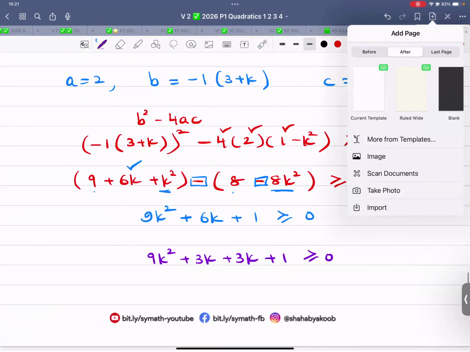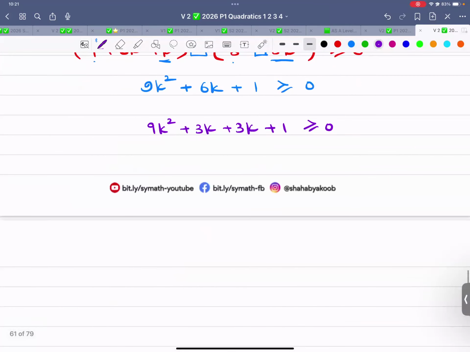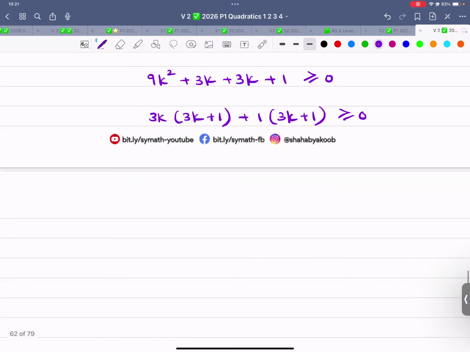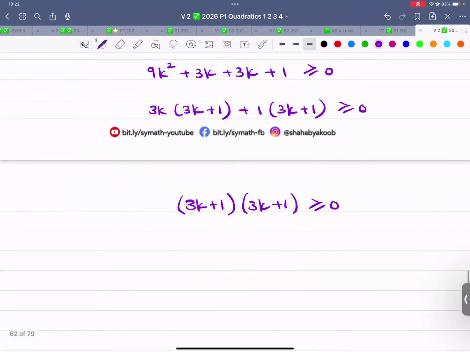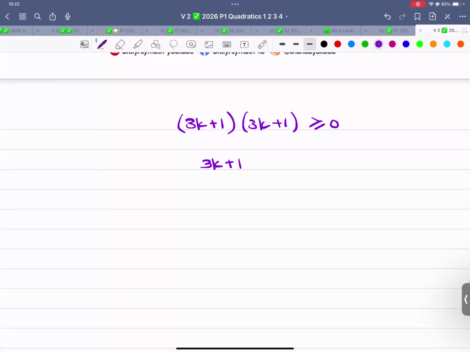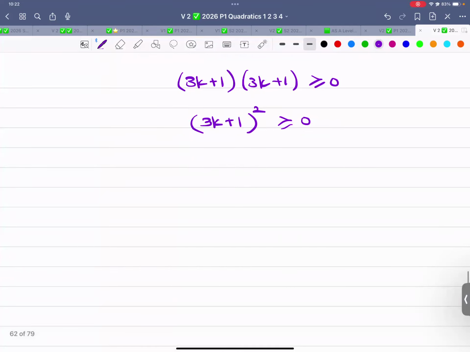Let me add a page over here. So therefore, this is 3k(3k plus 1) plus 1(3k plus 1) is greater than or equal to 0. And then this is (3k plus 1) into (3k plus 1) is greater than or equal to 0. This is (3k plus 1) whole squared is greater than or equal to 0. Now comes a very interesting thing.